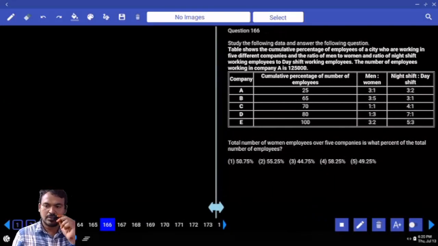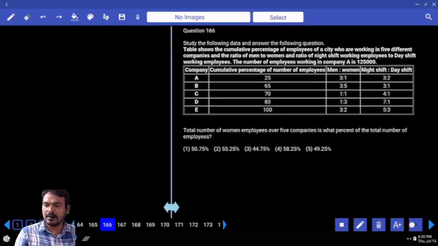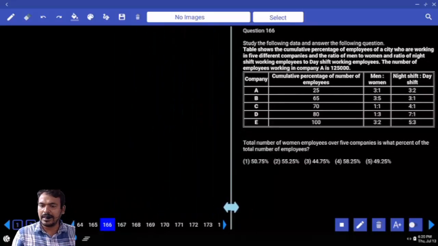The table shows the cumulative percentage of employees of a city who are working in 5 different companies, the ratio between men to women, and the ratio between night shift working employees to the day shift working employees. The number of employees working in a company is 1,25,000. Here is the cumulative percentage of number of employees.